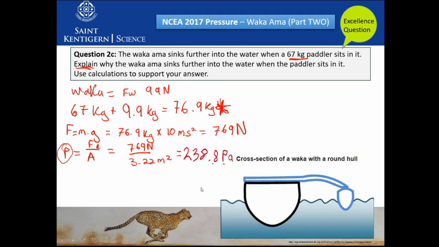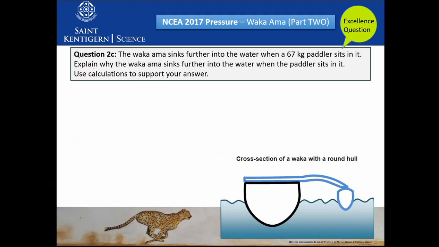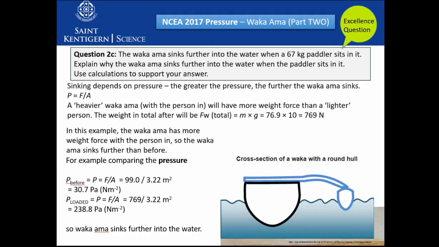So let's look at the model answer. Sinking depends on pressure. The greater the pressure, the further the waka ama sinks. So pressure is force divided by area. A waka ama with a person in it will have more weight force than one without. The total weight force equals mass times gravity. Yeah, we did that, 769.